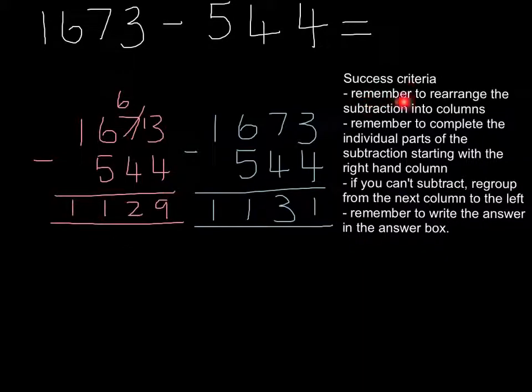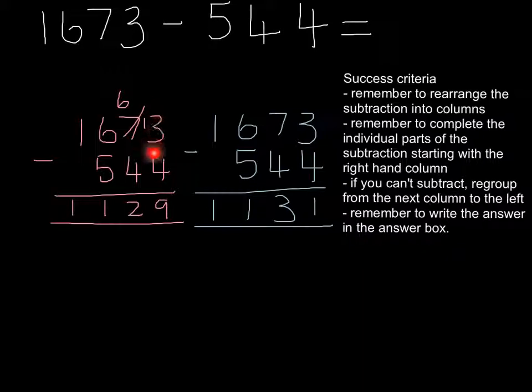So again, the subtraction was arranged into columns, and we remember to complete the individual parts of the subtraction, starting with the right-hand column. If you can't subtract, regroup from the next column to the left.